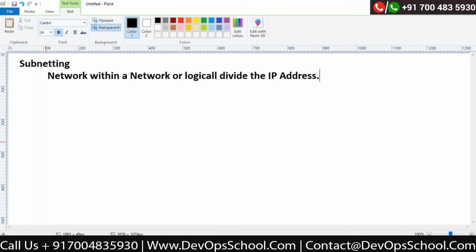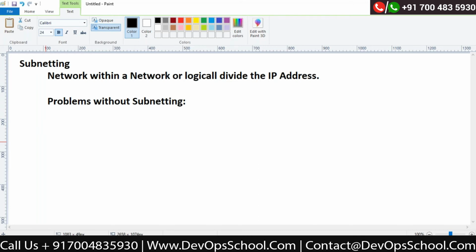Here people are confused. So network within a network means what? First of all, understand what is the problem if I don't have subnetting. Why we require subnetting, or you can say problems without subnetting. If I don't have the subnetting option, what would be the problem?